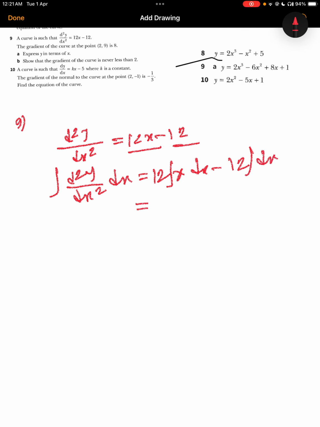This part would be 12x squared over 2, and this part would be 12x, plus c, and this is dy/dx.